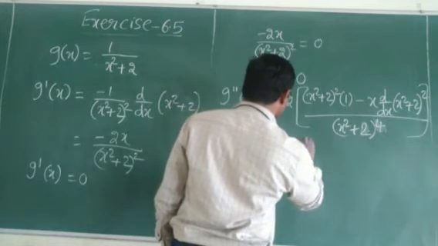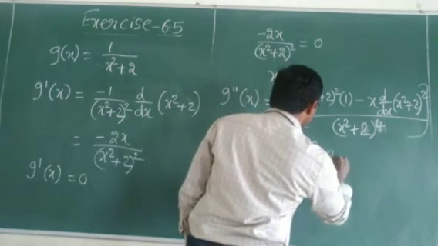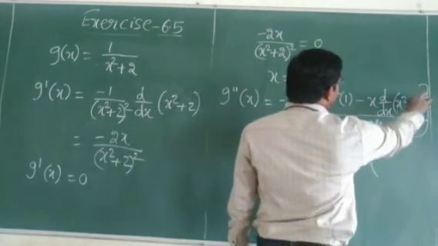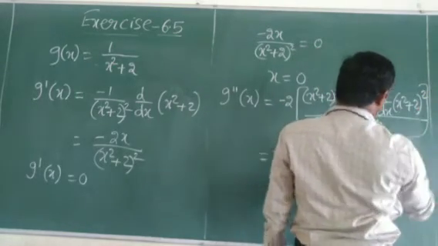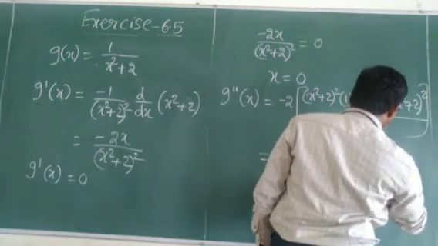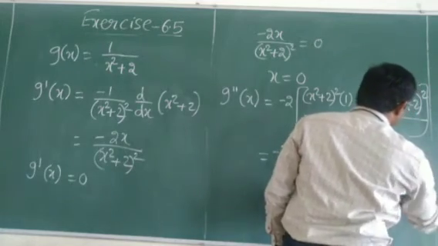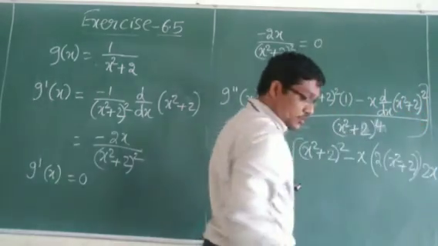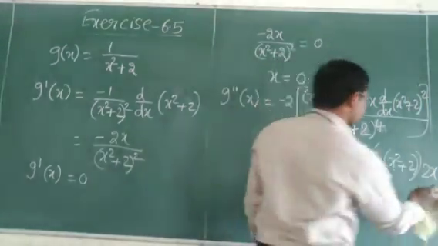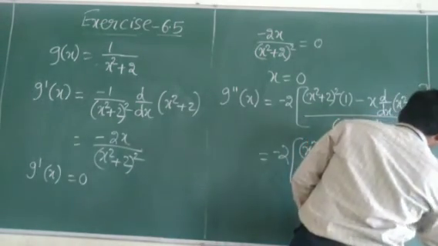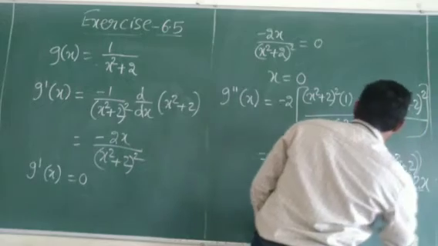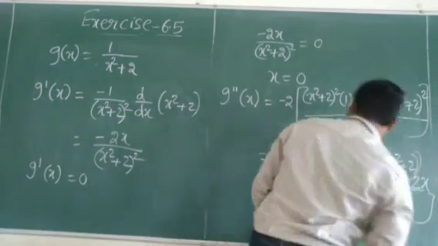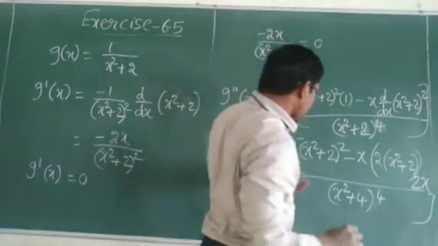So we get minus 2 into x square plus 2 whole square, minus x into the derivative of this. You can apply the x power n formula. So we get 2 into x square plus 2, and again the derivative of x square gives 2x. So we get 2 into x again. The denominator will be x square plus 2 whole power 4. So this is what we get.